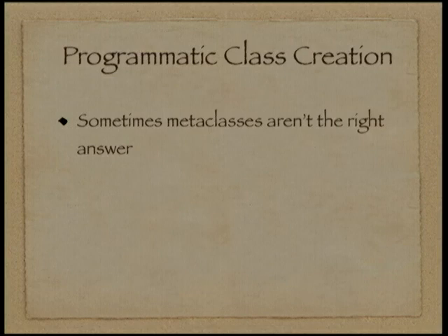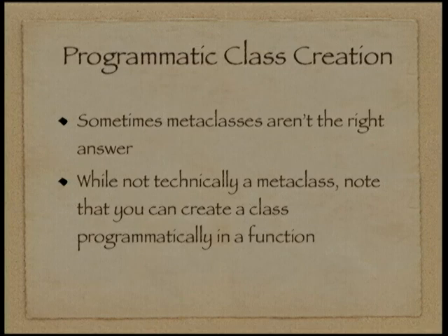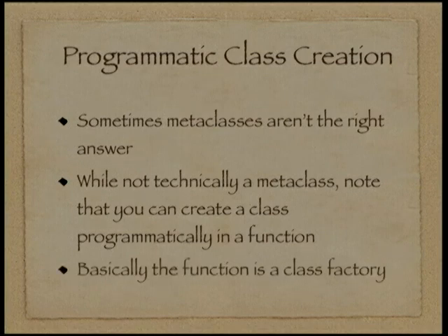Sometimes metaclasses aren't the right answer, but you still need this concept of not necessarily knowing everything about your class when you're writing your code. This is the case where often metaclasses look very attractive, but sometimes this is an easier mechanism. While not technically a metaclass, note that you can create classes programmatically in a function. We discussed how to do it earlier when I showed the call to the type constructor. Sometimes you want to create a class programmatically. I'm going to call this function a class factory.